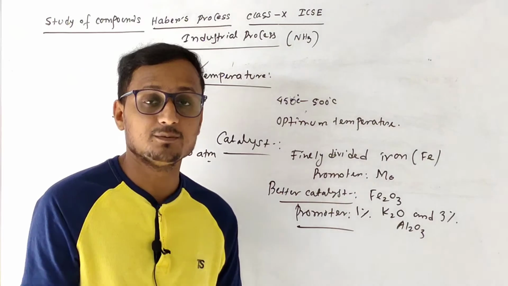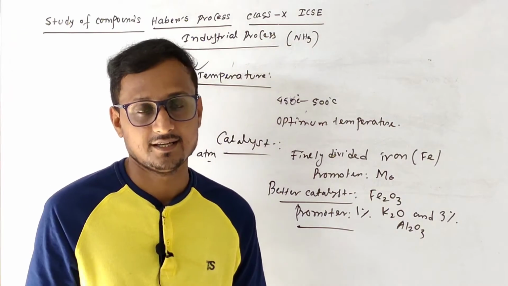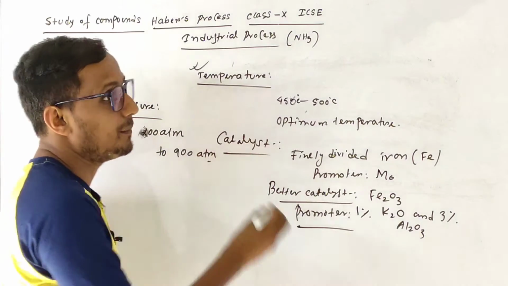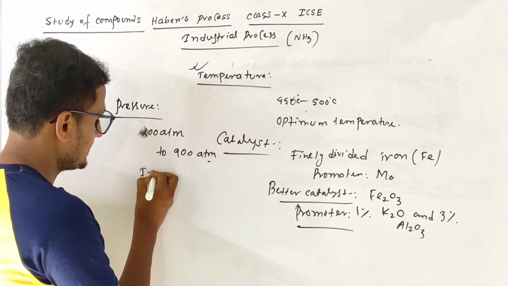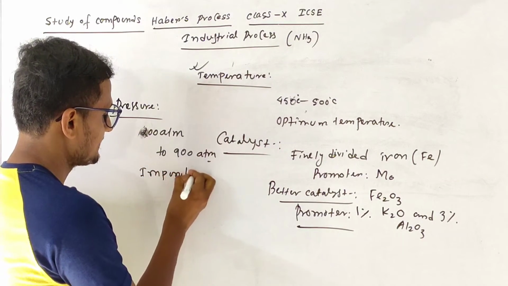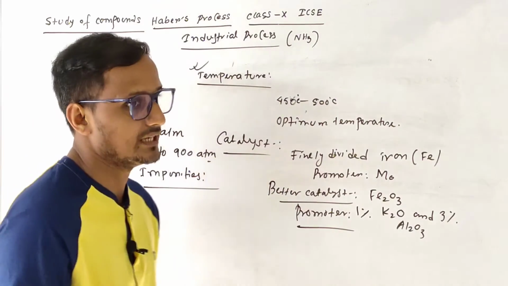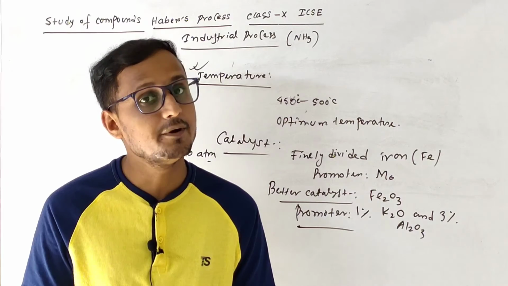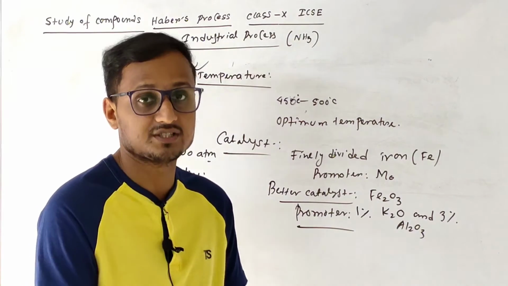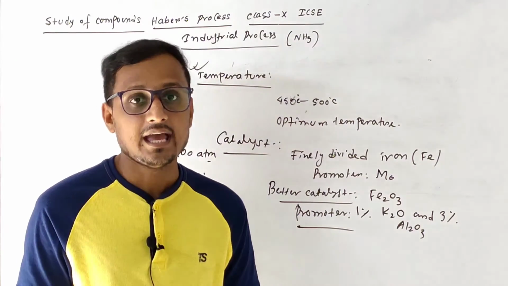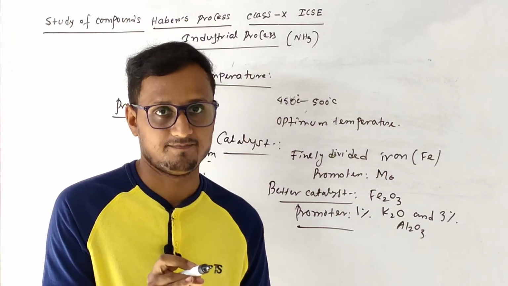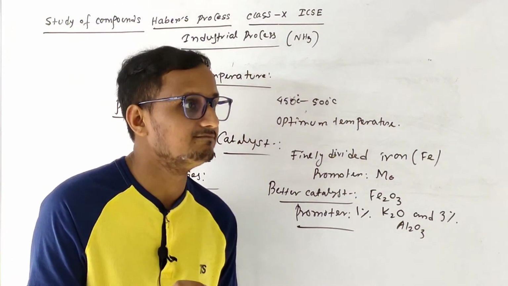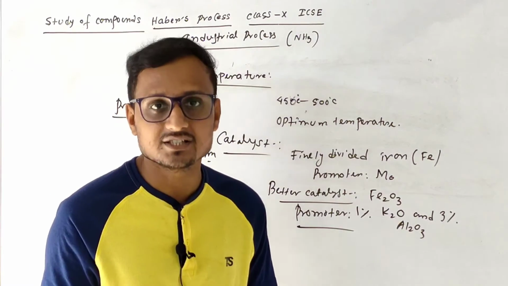Now another condition we have to see is impurities. The raw materials, hydrogen and nitrogen, can contain some impurities like carbon monoxide and carbon dioxide. Okay, and that will hamper the reaction, it will decrease the rate of the reaction and will not speed up the reaction.